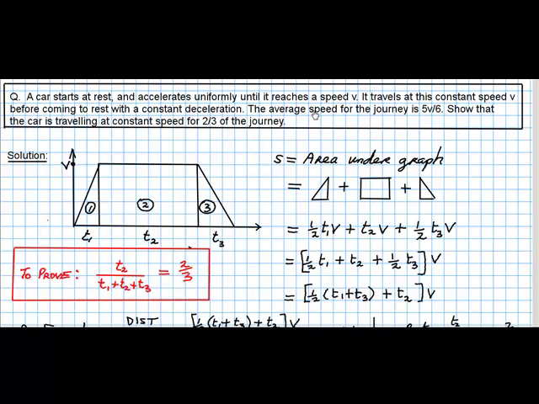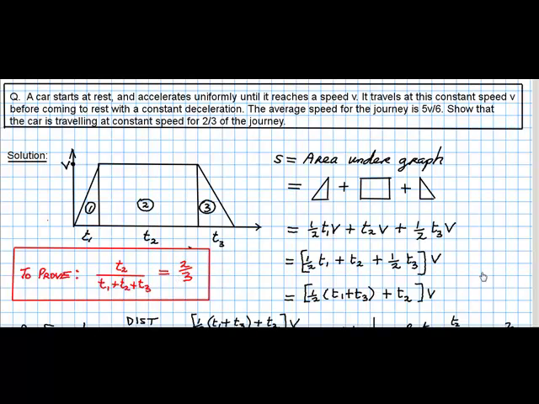We're given that the average speed for the journey is 5v over 6, but we're trying to prove that he stays at constant speed for 2/3 of the journey. So this is what we've got to prove, that this time here, which we call t2, is 2/3 of the total time. Or to put it in algebra language, and it's important again to be focused on the answer you're looking for from the very start, so you don't lose sight of what you're doing, what we're trying to prove is that t2 over the total time, which is the 3 times together, is 2/3.